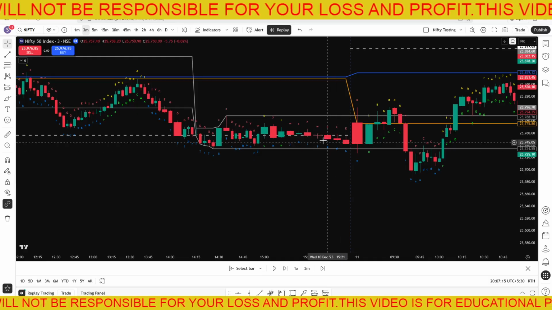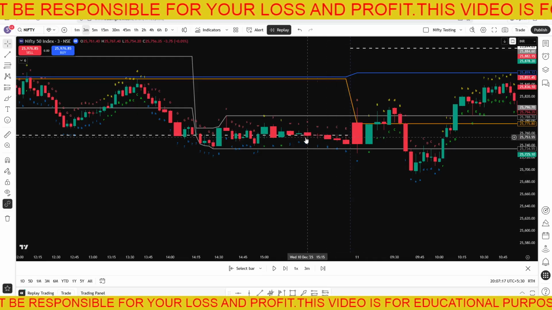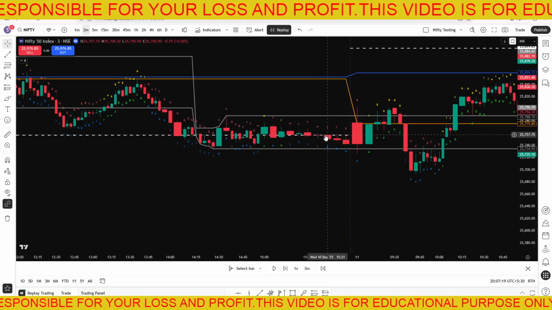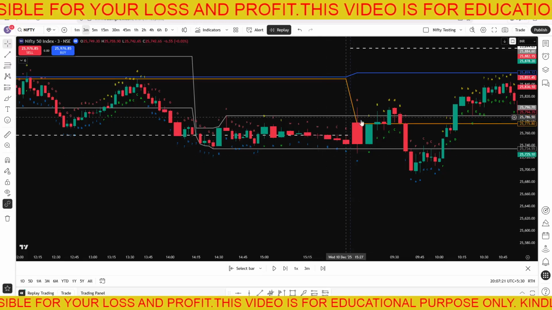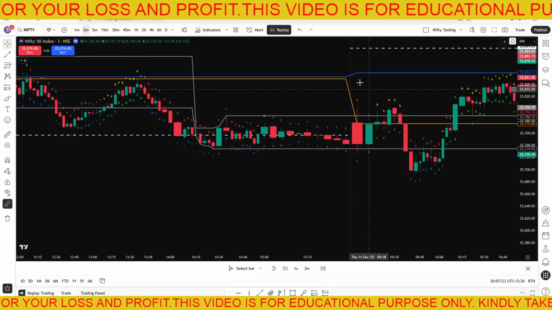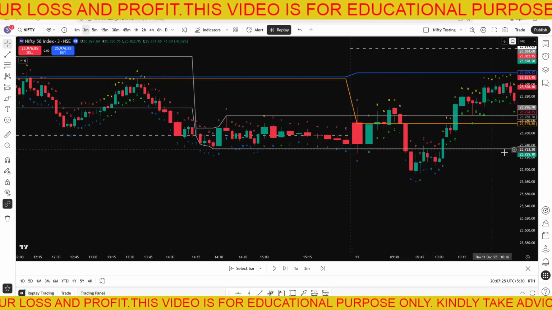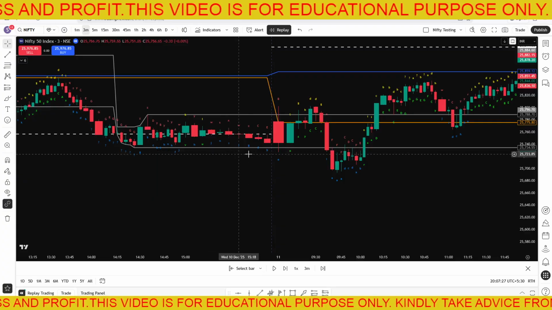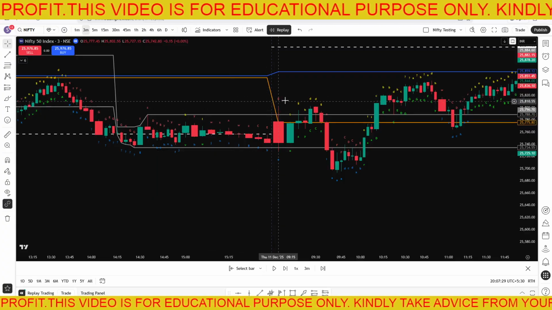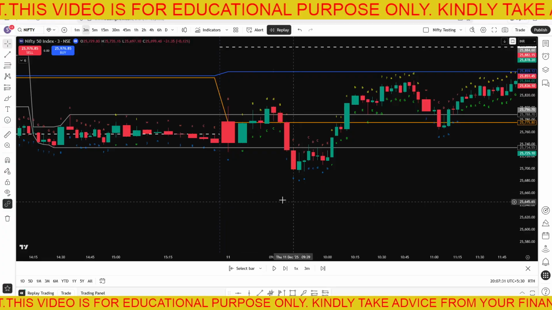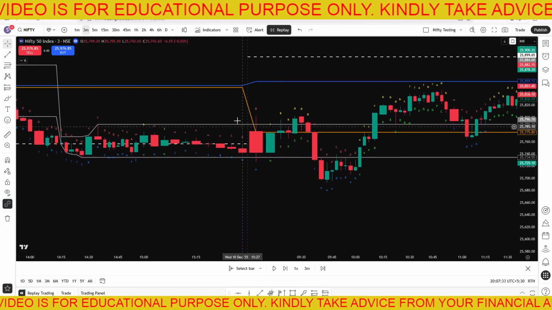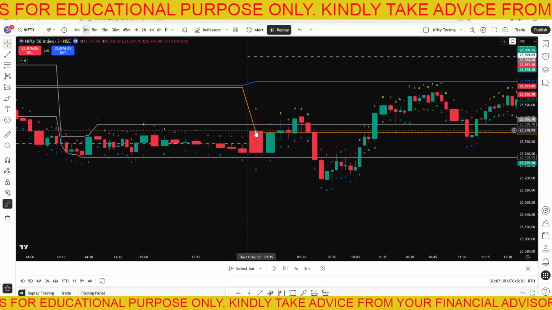Okay, price is below POC, within the smart money zone, and below pivots. And we are getting a bearish sign, capital B. But as I said, the wick is quite big, right?